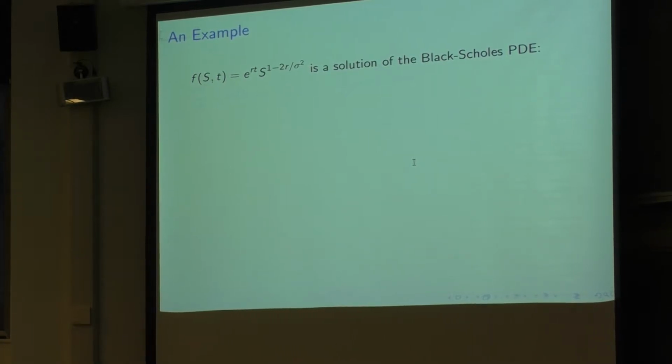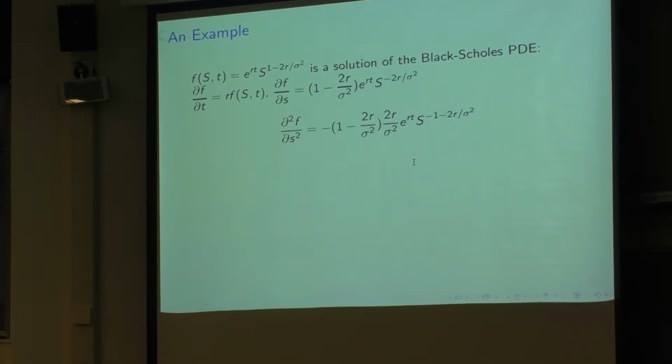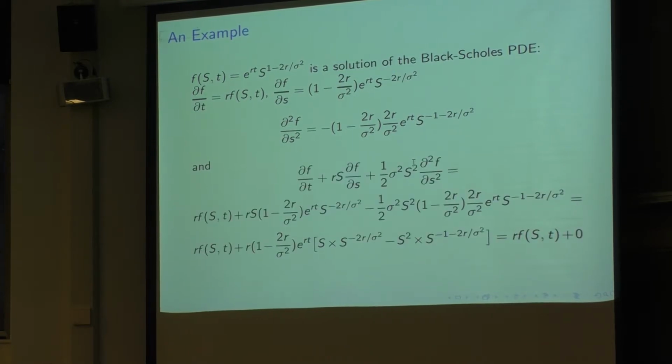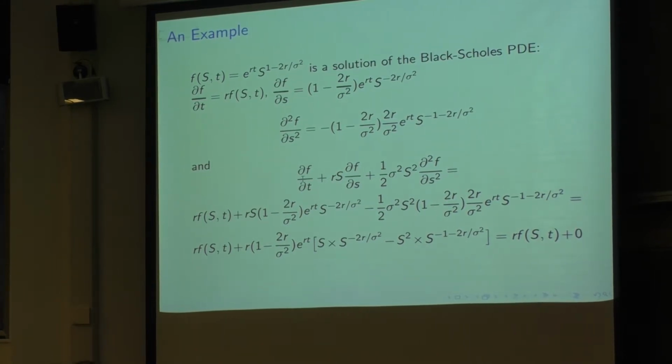So what do I have to do to convince you that this function is a solution of the Black-Scholes partial differential equation? Well, I have to compute the various derivatives. Here they are. And then I'm going to compute the left-hand side of the Black-Scholes partial differential equation. Here's the left-hand side. And then I'm going to substitute my expression for df/dt.